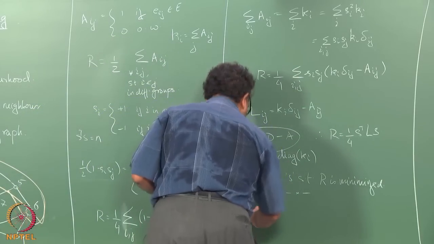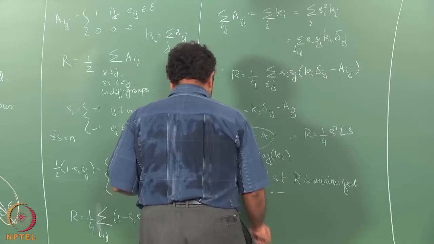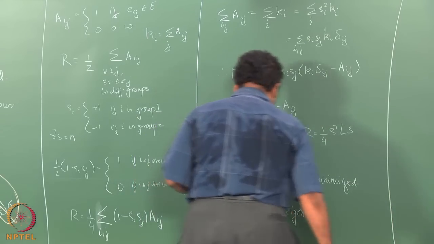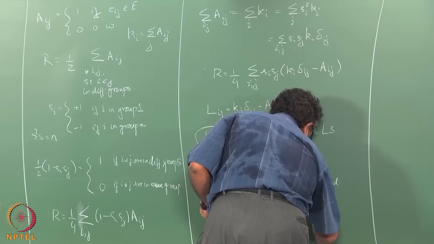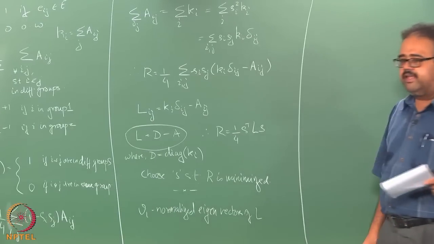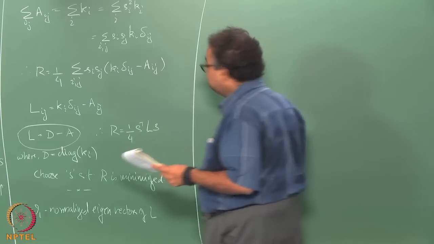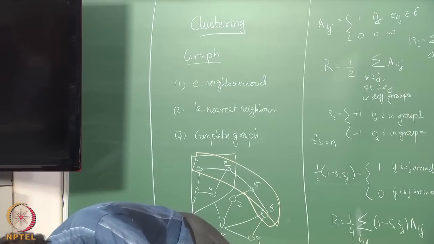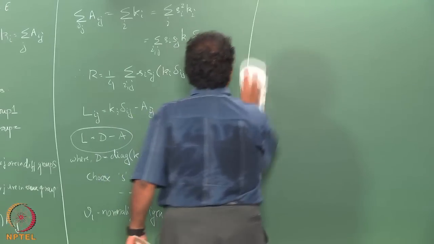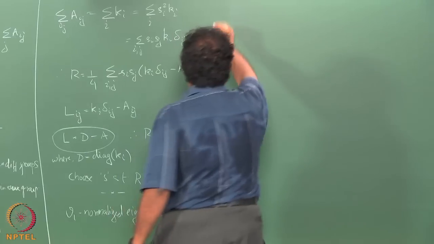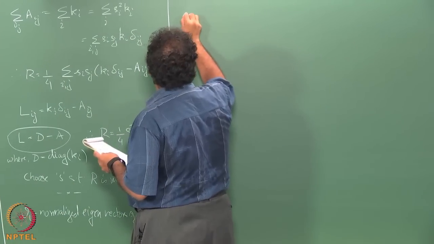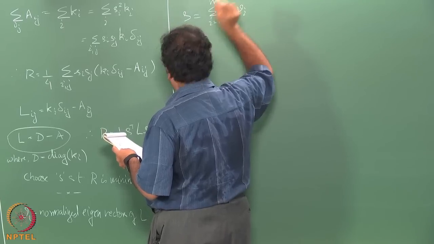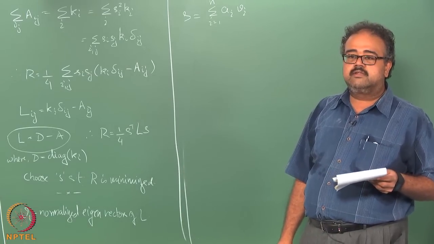The Vi will denote the normalized eigenvectors of L. I can take the S and write it as a combination of them.